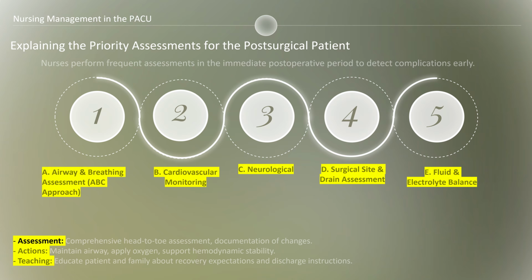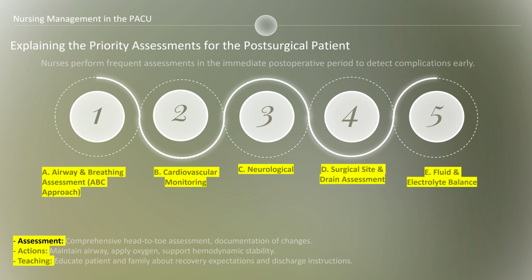What is DVT? How do we know that? It's swelling, pain in one leg, for instance, redness. So, for instance, a post-op patient with tachycardia and hypotension may be experiencing internal bleeding. C, neurological assessment.